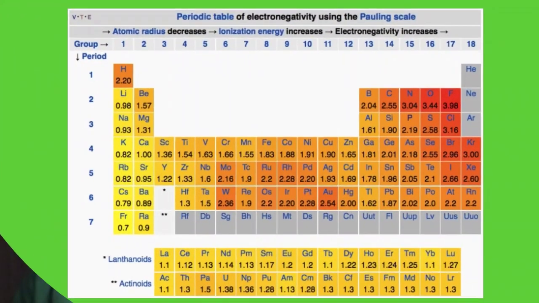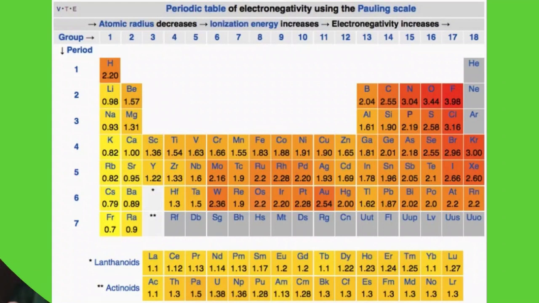Looking at electronegativity values, the general trend is they are highest in the upper right-hand corner of the periodic table, and they get lower down to the lower left-hand corner.